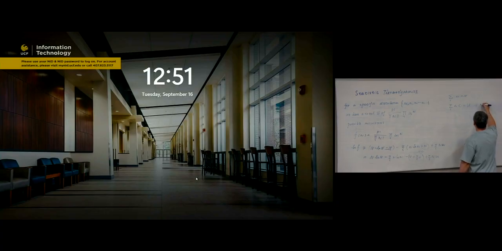We have something like this: U minus sigma i Ni equals 0, right? So we have this one, correct?